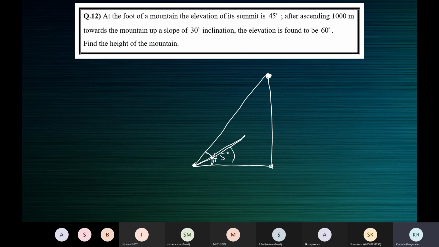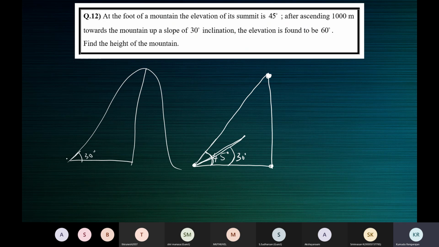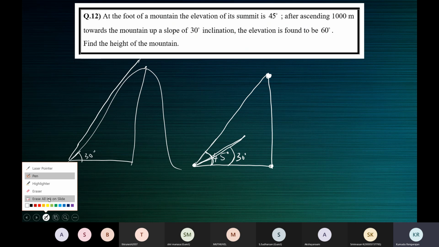Okay, the inclination is 30 degrees. The inclination with respect to the ground is 30 degrees. See, this is the slope of the mountain. So this is the inclination, 30 degrees. But when you look at the highest point, you're raising your head and seeing. I can show you exactly.